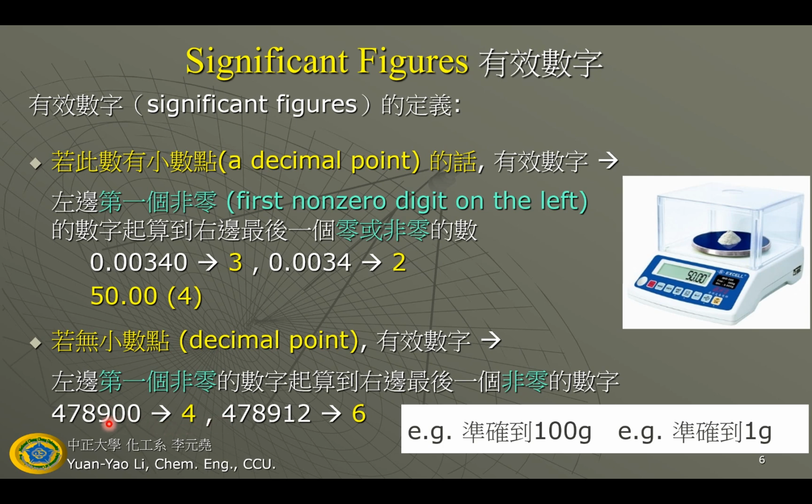And this one, which has 4, 7, 8, 9, 1, 2, so there are 6 digits, this is 4 significant figures. If you compare, this balance is only good until 100 grams, and this balance has a precision to the 1 gram.